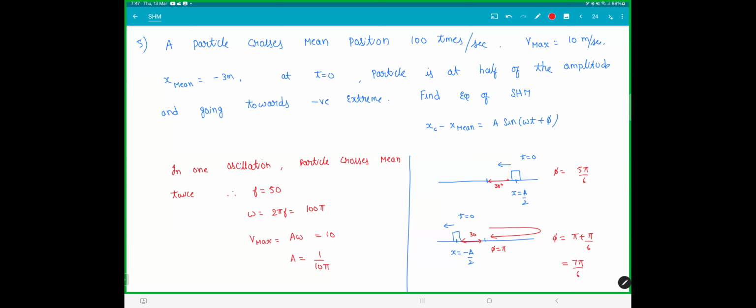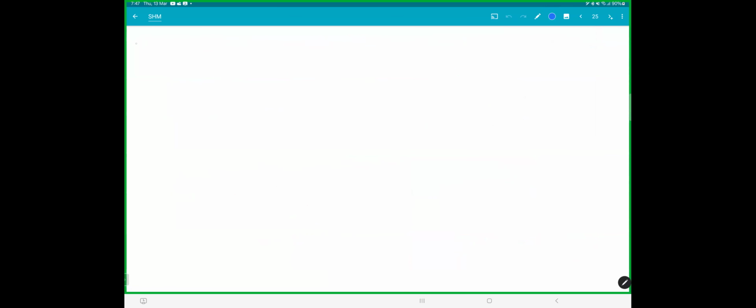Is this clear, everyone? Any doubt on this? Clear? Next one. Next one. A particle is oscillating in SHM with time period T.